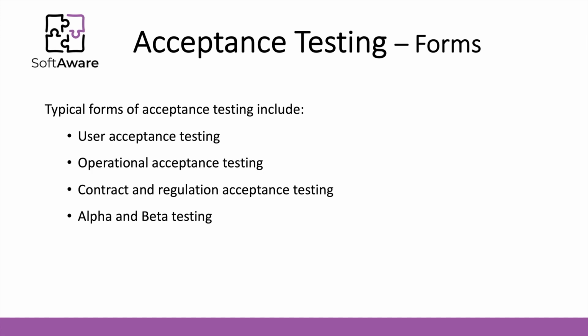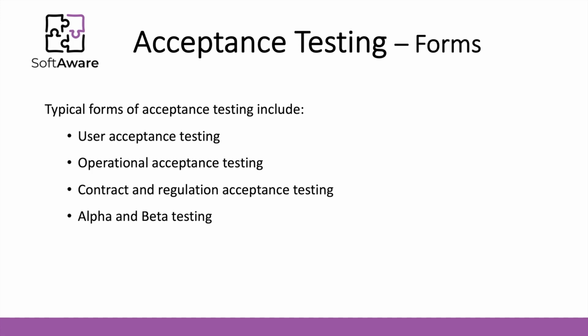Alpha and beta testing enables developers to get feedback from potential or existing customers before the software product is put on sale commercially. Alpha testing is performed at the developing organization's site, but not by the developing team. Testing is done by customers or potential customers.